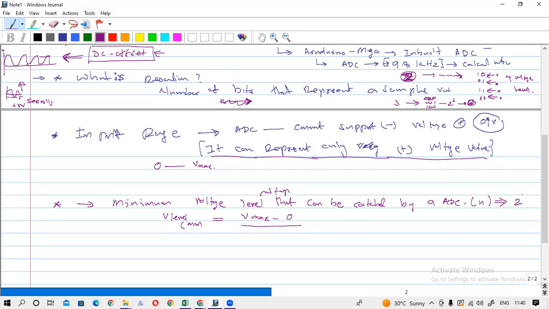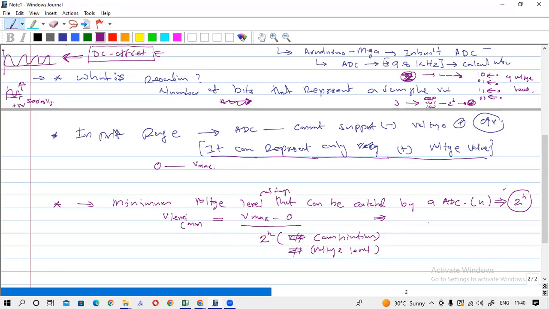There are 2 to the power n combinations or voltage levels. So if you divide the full range by 2 to the power n, the number of voltage levels that can be represented by an ADC, you will have the minimum voltage level. Only that voltage level can be interpreted by the ADC.